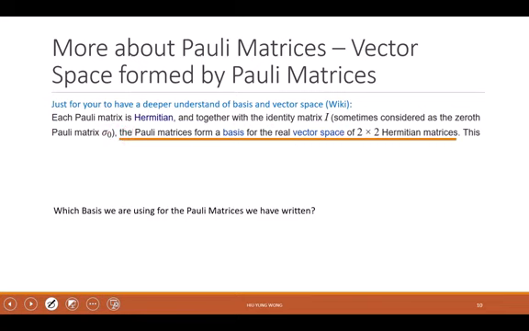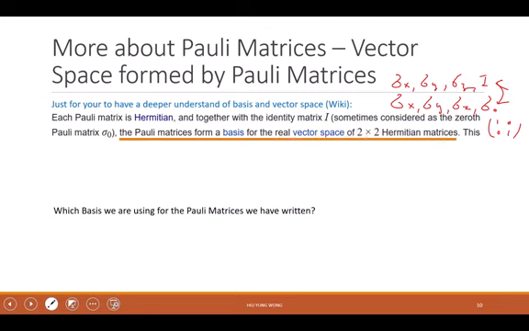So just now I told you that we have 4 matrices, right? Sigma x, sigma y, sigma z, and then I. Now I decided to call them sigma x, sigma y, sigma z, and sigma 0. It doesn't matter. It is just a symbol, which is 1, 0, 0, 1. It says that they form the basis of the real vector space of 2 by 2 Hermitian matrices.